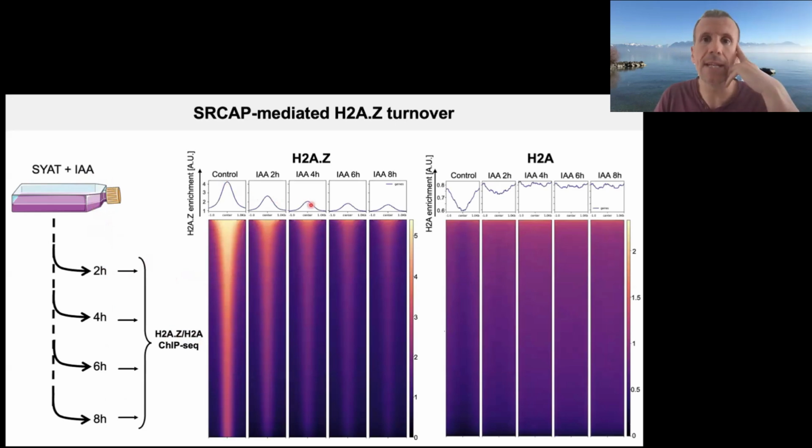If we look at the H2A content centered on the H2A.Z peaks from the control, we see that these regions initially deplete in H2A because they have H2A.Z there, and then they get progressively filled up with H2A. This shows that if you rapidly degrade SRCAP, you swap H2A.Z for H2A within a few hours.